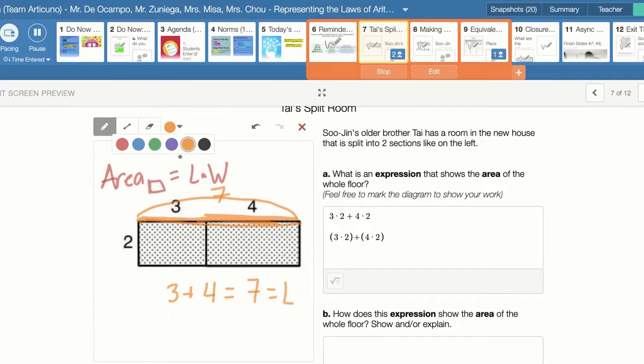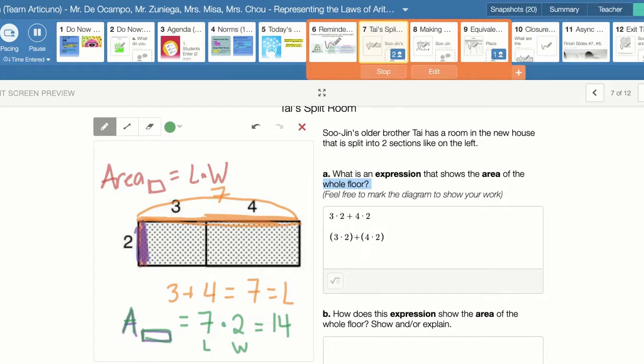And then they're going to take that 7 and multiply it with the 2. So the area of the whole rectangle, because we're talking about the whole floor, is 7, which is our length, times the width, which is our 2, and you get 14, which is the same answer that we got in the past.